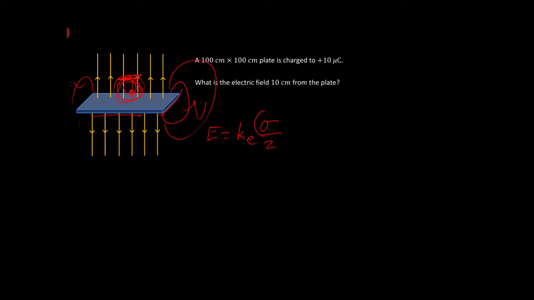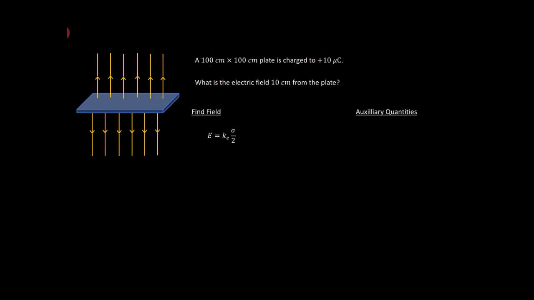The thing is that we don't know the sigma. We know the charge and the area. So we're going to have to do some other work, right? So that sigma is equal to the charge over the area. Not a big deal because the charge is 10 times 10 to the minus 6 coulombs, 10 microcoulombs.